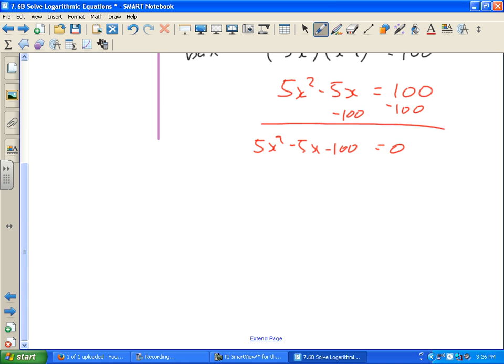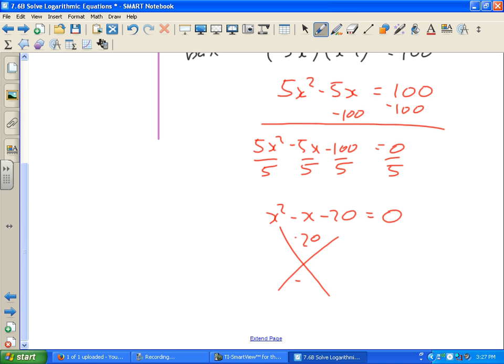Let's see. 5x squared minus 5x minus 100. Hopefully, you're going to make your job easier right now by realizing there's a common factor of 5 that you are going to divide out on all sides of every part of this equation so that it simplifies to x squared minus x minus 20 equal to 0. Whew, that's not so bad. I can do this.